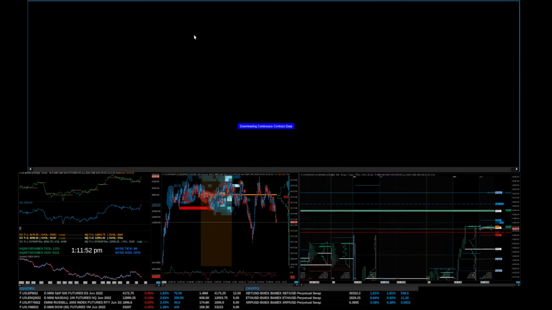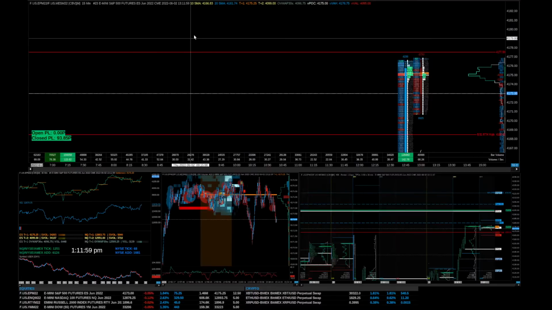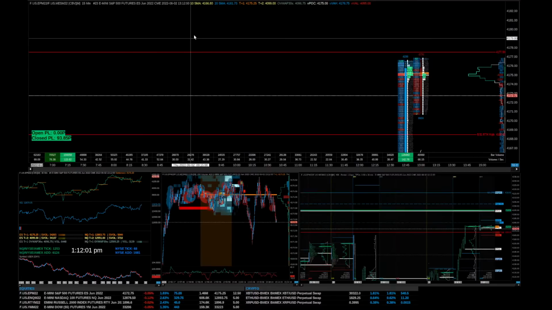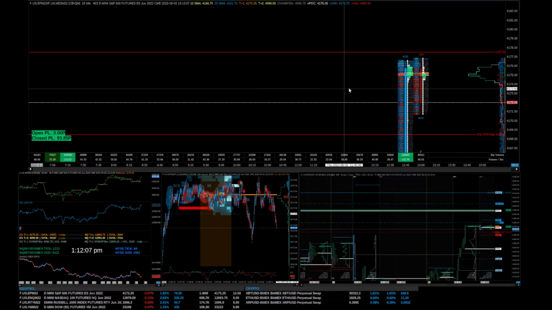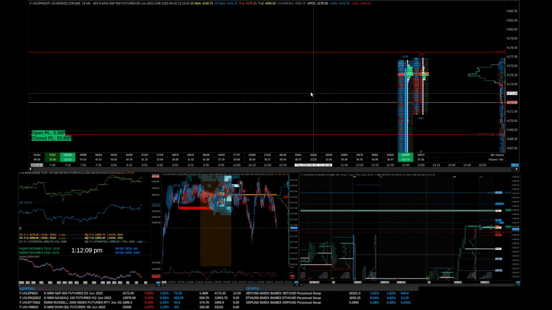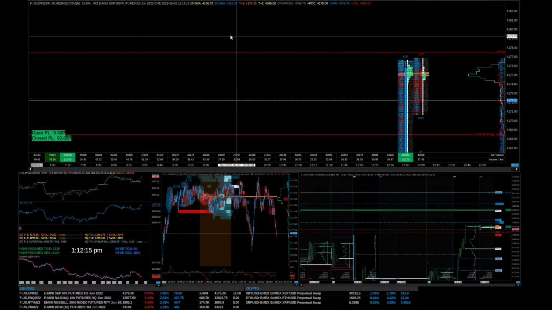Boom. Now I'm loading that. Maybe I want not a 15-minute chart. I want to look at the rotations here. What are the rotations? 76 down to 74. What is that in ticks? 8 ticks. So a point and figure 1-8.